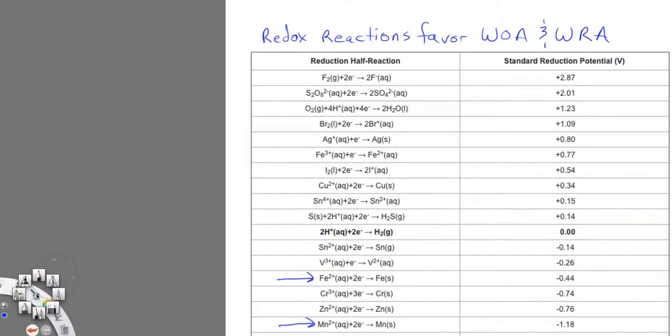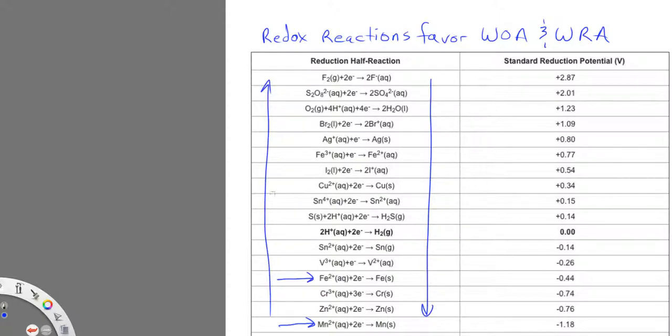Let's look at our table. Remember, as we go down, we go up, something's happening here. So up at the top is going to be the stronger oxidizing agent, and stronger oxidizing agents always produce the weaker reducing agent. So that's a reducing agent, that's an oxidizing agent.